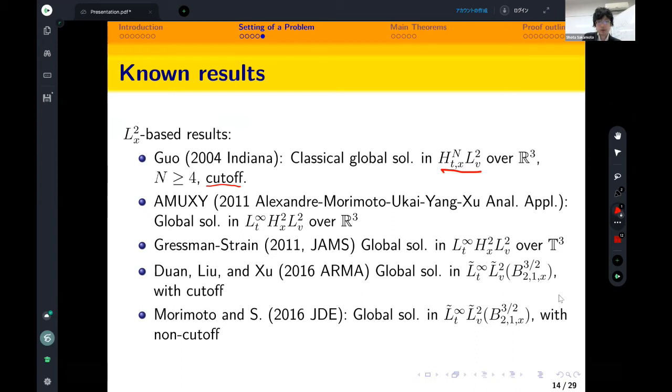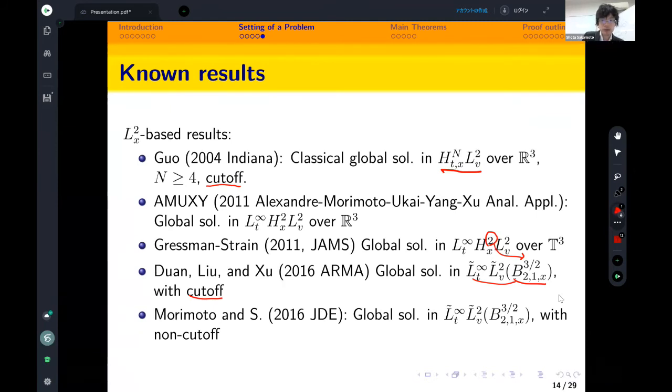And Duan, Liu, and Xu established the global solution in this Chemin-Lerner type space. So if we look into this Sobolev or differentiability index, we may say that this index is improved, but also this was for the cutoff case.